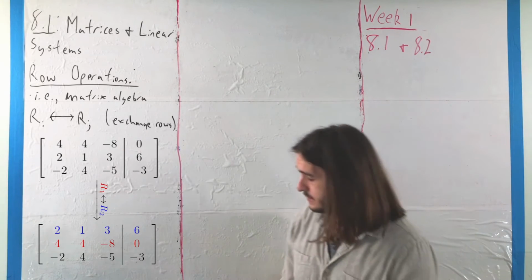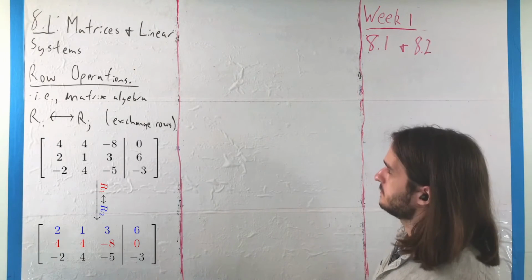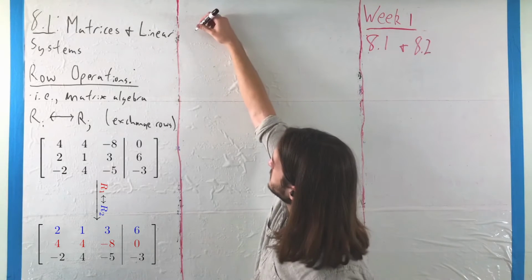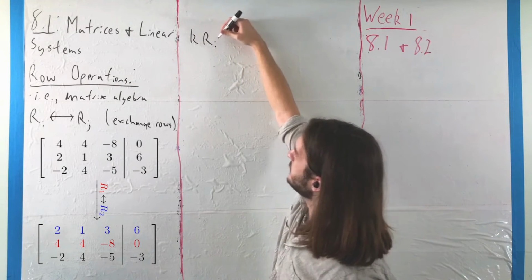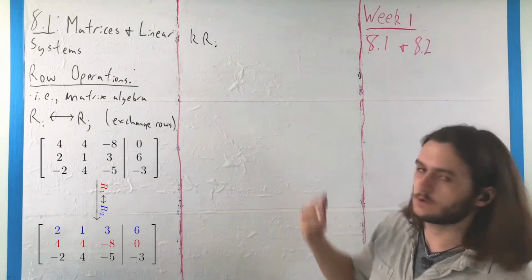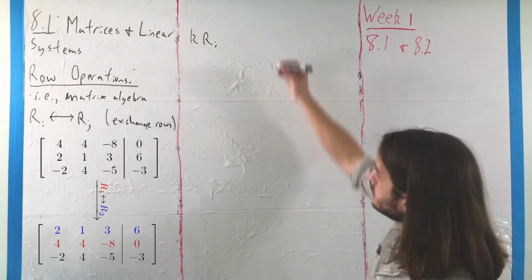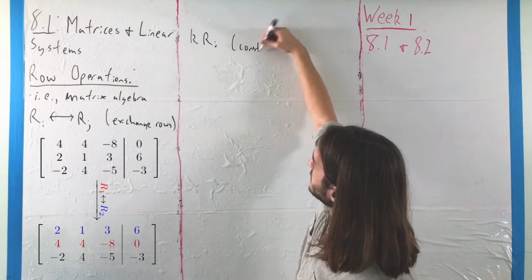The next one that we look at is multiplication of rows. So if you take some constant k and multiply it by row i, so some row in there, that's what row sub i refers to. This is just constant multiplication.